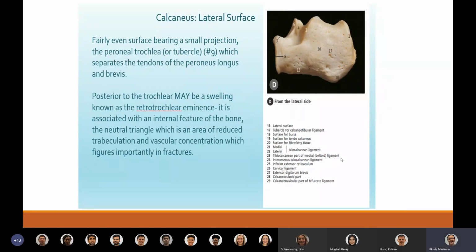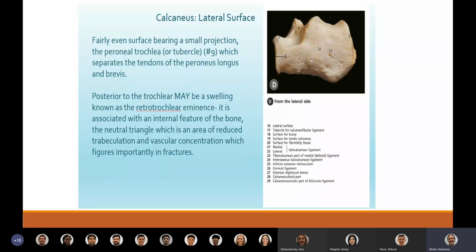Okay, so the lateral surface, not much to talk about there. There is a little tubercle on the lateral aspect that separates the tendon of the peroneus longus and peroneus brevis. Not much going on there.